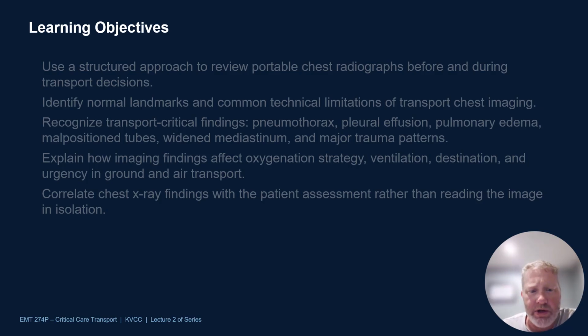We'll talk about how the imaging findings affect oxygenation, ventilation strategies, and urgency in ground and air transport. And we'll correlate chest x-ray findings with the patient assessment rather than reading the image in isolation.